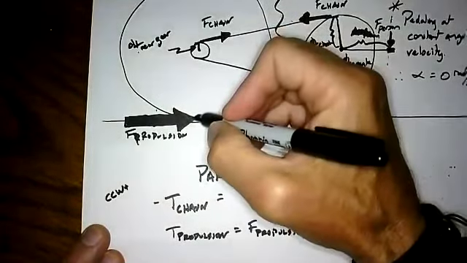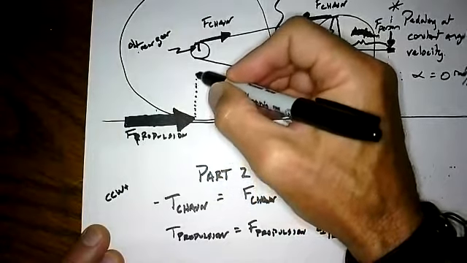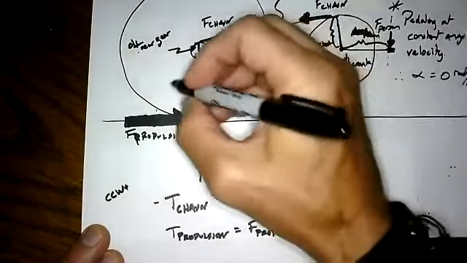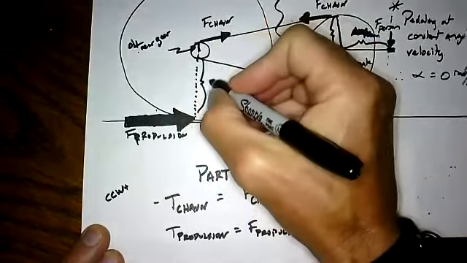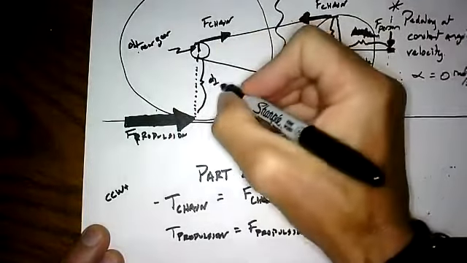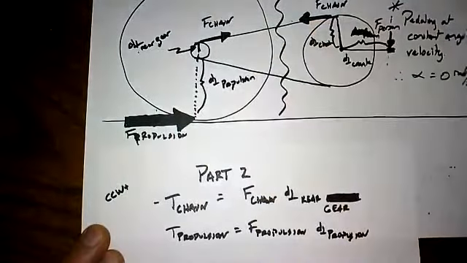Well, the perpendicular distance between line of application and axis of rotation, right there. D perpendicular, the length of this is D perpendicular of the propulsion force. That's the diameter of the wheel. We can measure that. Radius of the wheel.